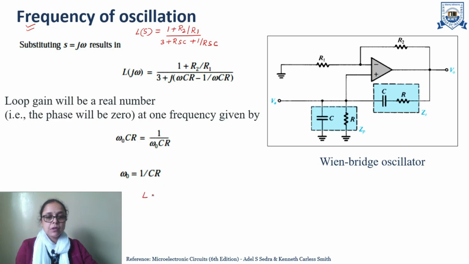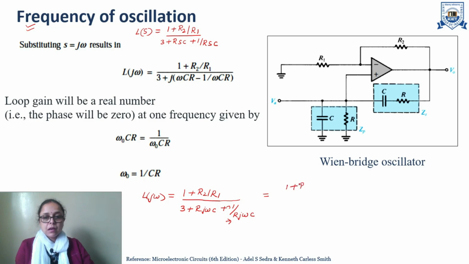So L of j omega will be 1 plus R2 by R1 in the numerator, and the denominator will be 3 plus R j omega C plus 1 upon R j omega C. We will get 1 plus R2 by R1 divided by 3 plus j omega CR minus 1 upon omega CR. This is the expression after putting S equal to j omega.